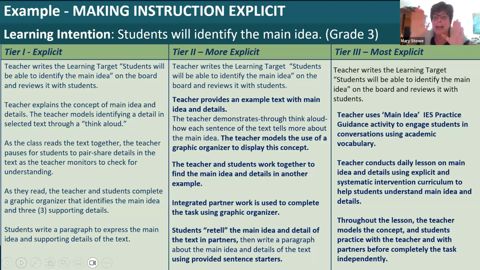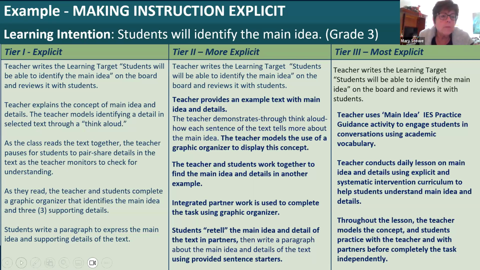So when I talk about layering on, I'm going to begin with explicit instructional techniques, but I'm really going to layer on intensity by providing even more explicit instructional techniques or practices. And then at tier three, I may need to think of layering on even more.